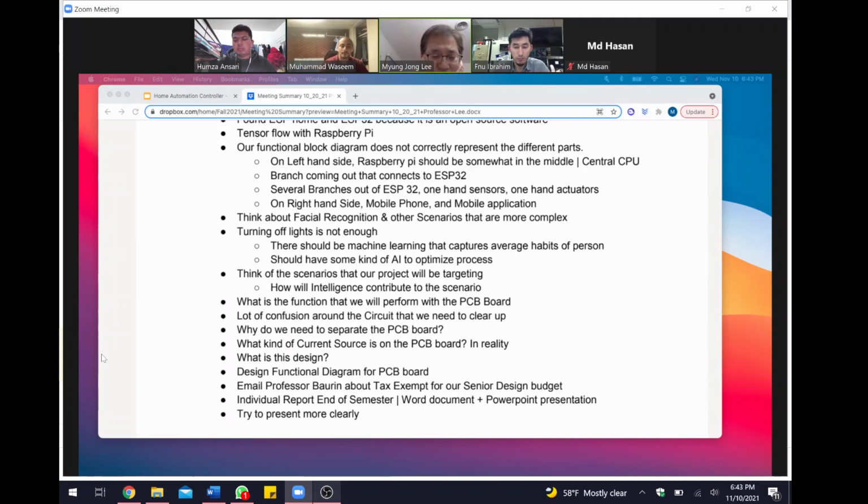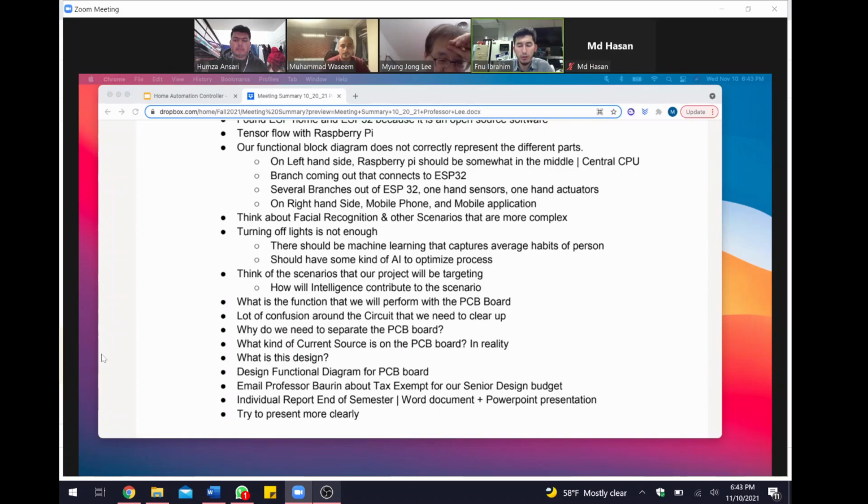Did you figure out the current rating? I believe we did. I think Ibrahim did mention that the galvanic takes 3.3 volts and 5 volts. What is the ampere? What is the current? It's 5 volts. Ibrahim, do you know the answer to that? We will clarify this.